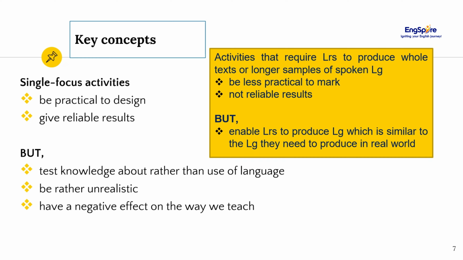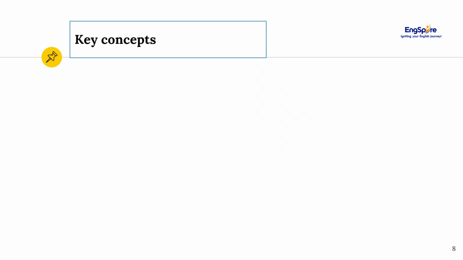So, it is important to understand the balance between practicality and reliability when choosing assessment activities. Single focus activities are especially useful when we want to assess receptive skills. These activities help us check whether learners have understood a text or recording accurately.